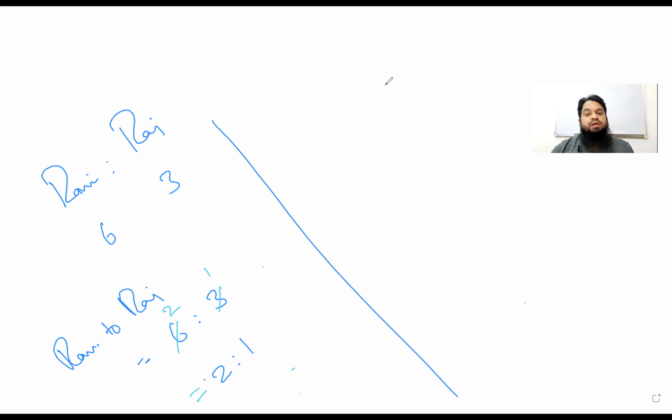Let us go for the next situation. Let us take Gauri and Gaurish. In the final examinations, these two got marks. Gauri got, for example, 96 marks, and let us say Gaurish got 48 marks.